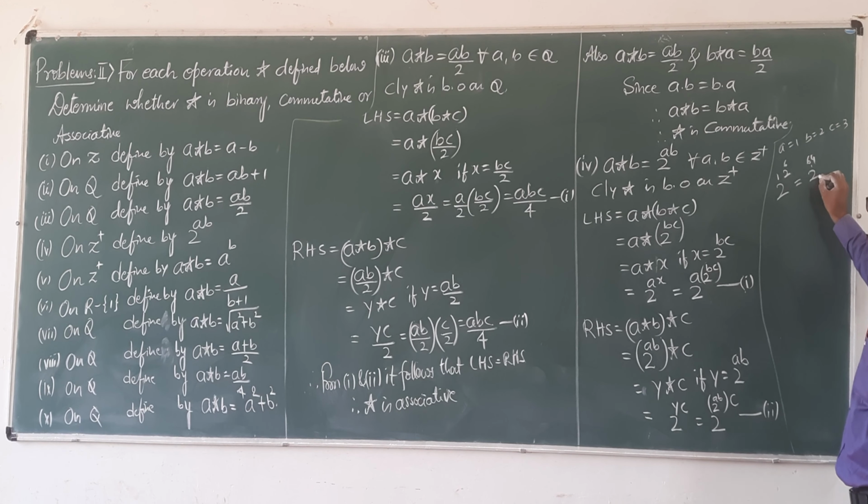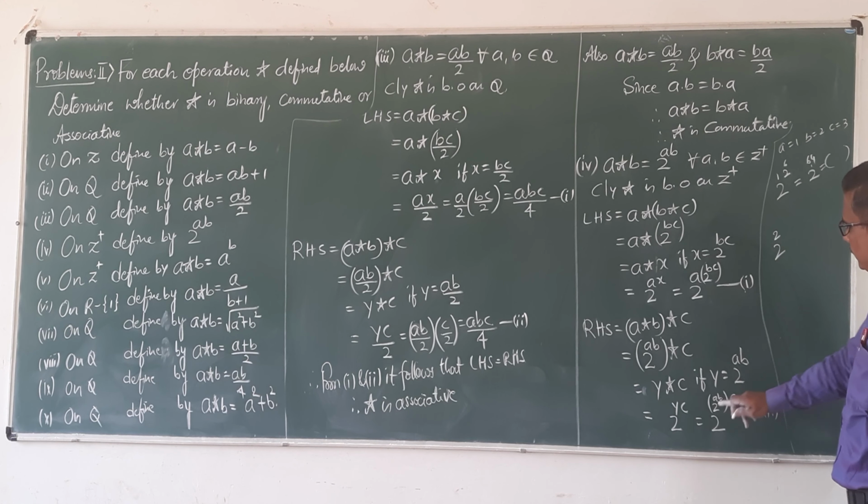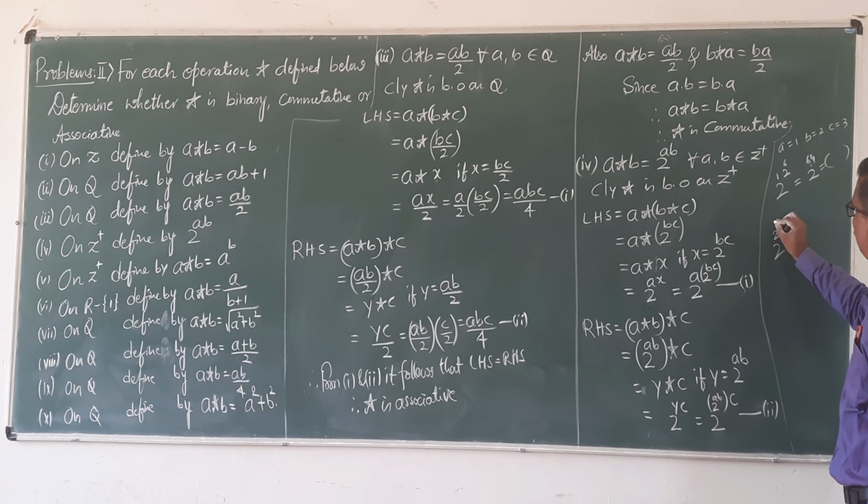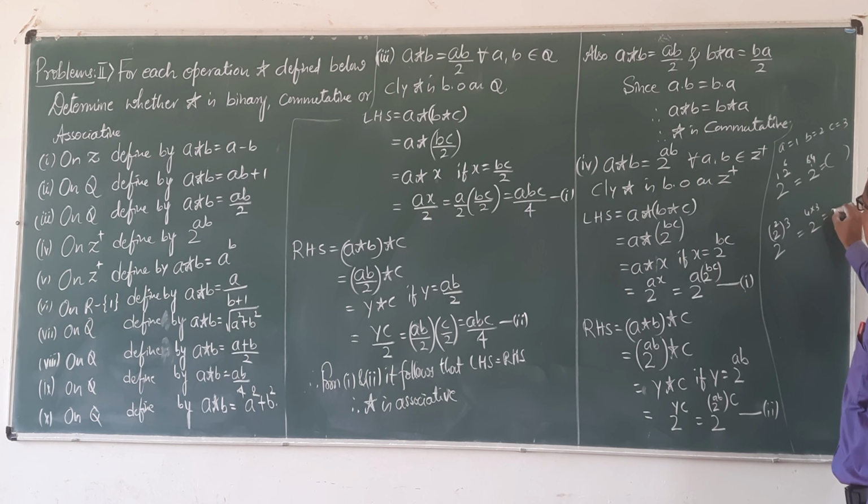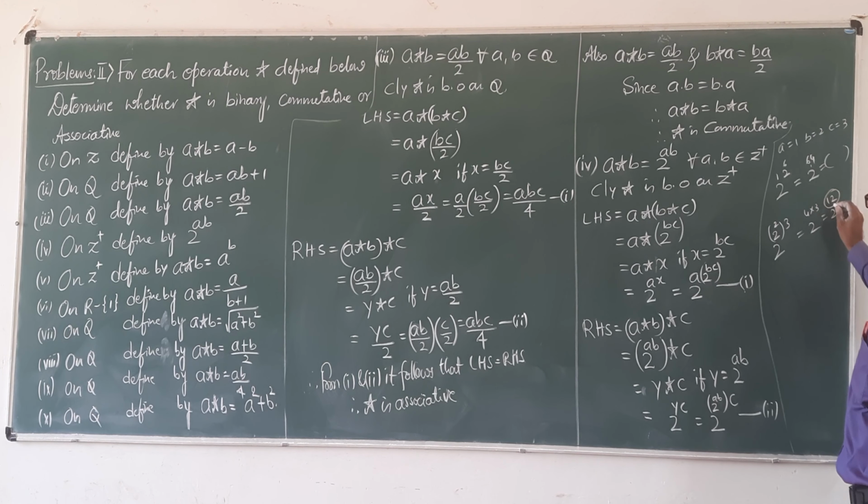Then take equation 2. 2 power A into B. A value 1, B value 2. That is 2. Into C value, 2 power 2, square 4, into 3. 2 power 12. Here index is 12, there index is 64. Are they equal? Not equal.